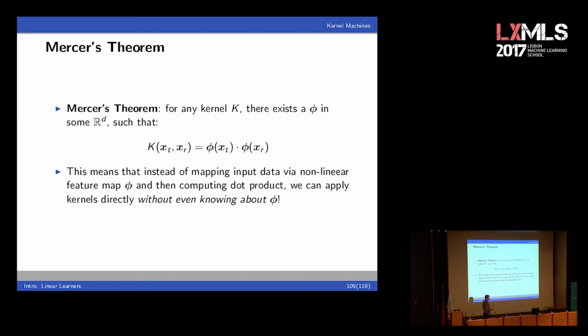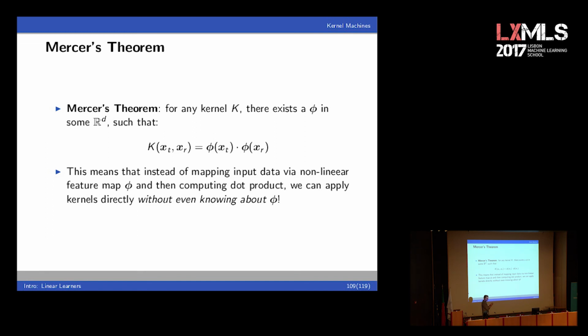If we have a particular definition of kernel, then every kernel implicitly defines a feature map and an extension of a feature map. So that means that we don't actually have to know about the feature map anymore.